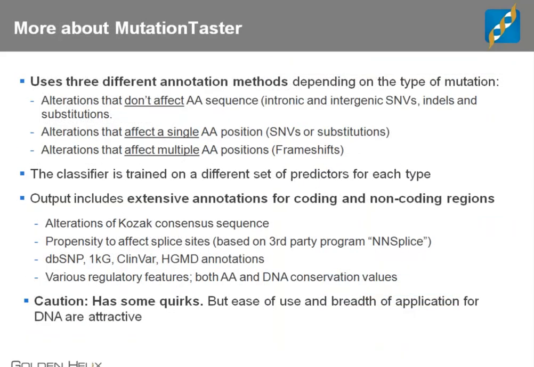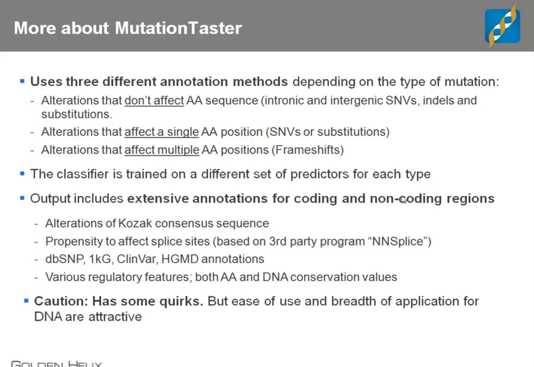So we won't go into too much more detail about Mutation Taster, except to point out that it does use 3 different classification systems depending on whether your mutation is in a coding or a non-coding region, and if it's coding, if it's affecting a single amino acid or several.